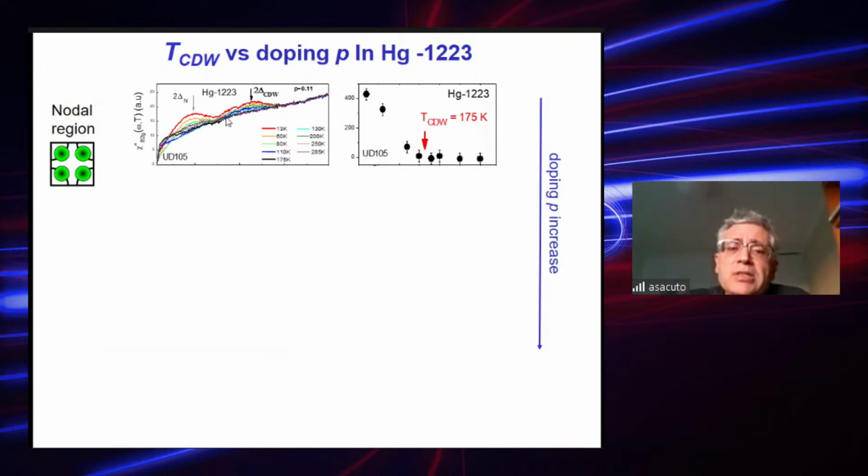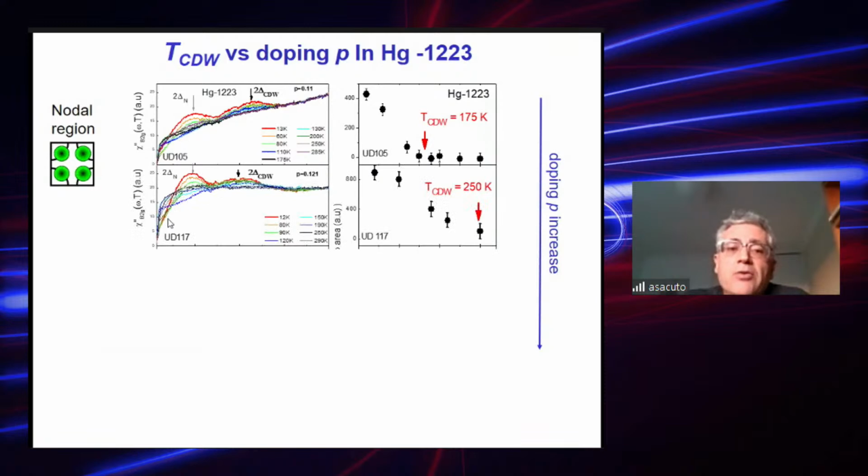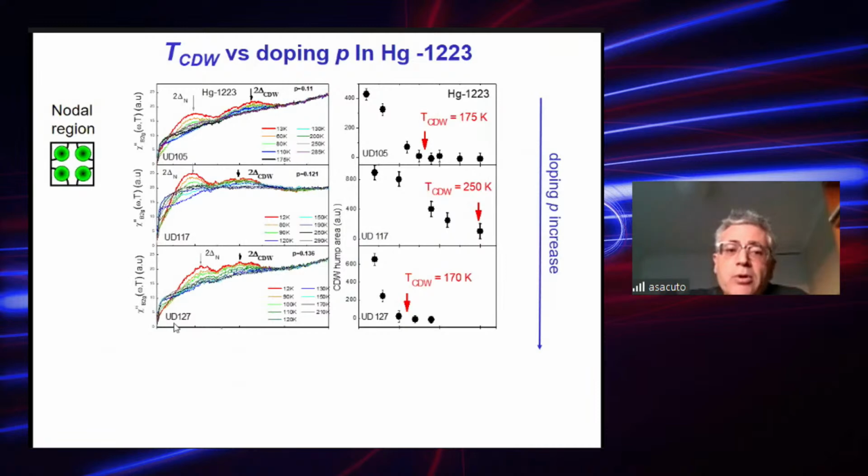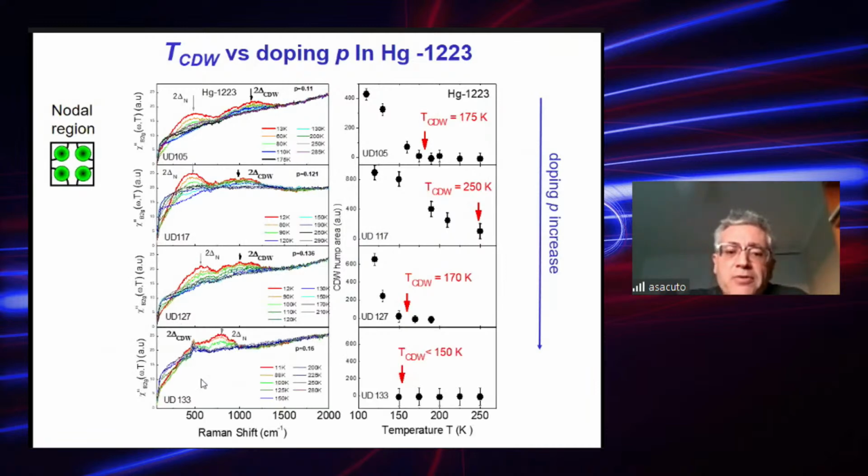We do that for several dopings: for a strongly underdoped system with a critical temperature of 105 Kelvin, this is a Mercury 1223, for a slightly underdoped sample, and finally for an optimally doped sample.